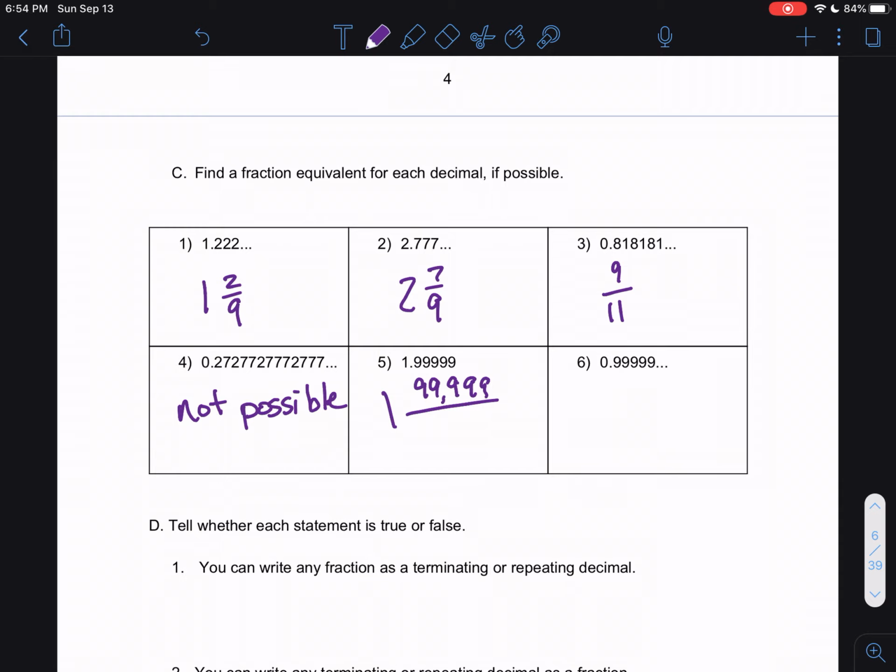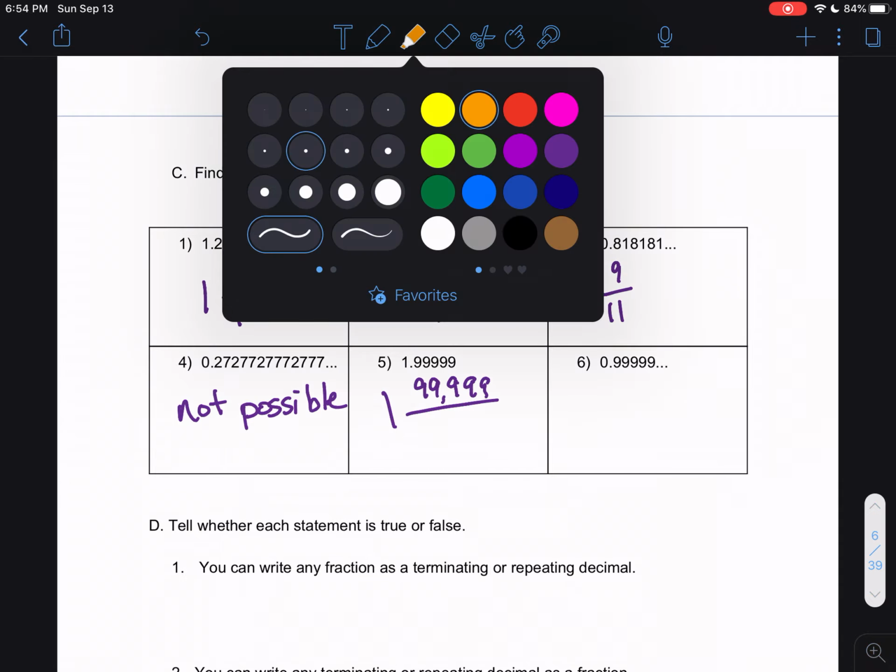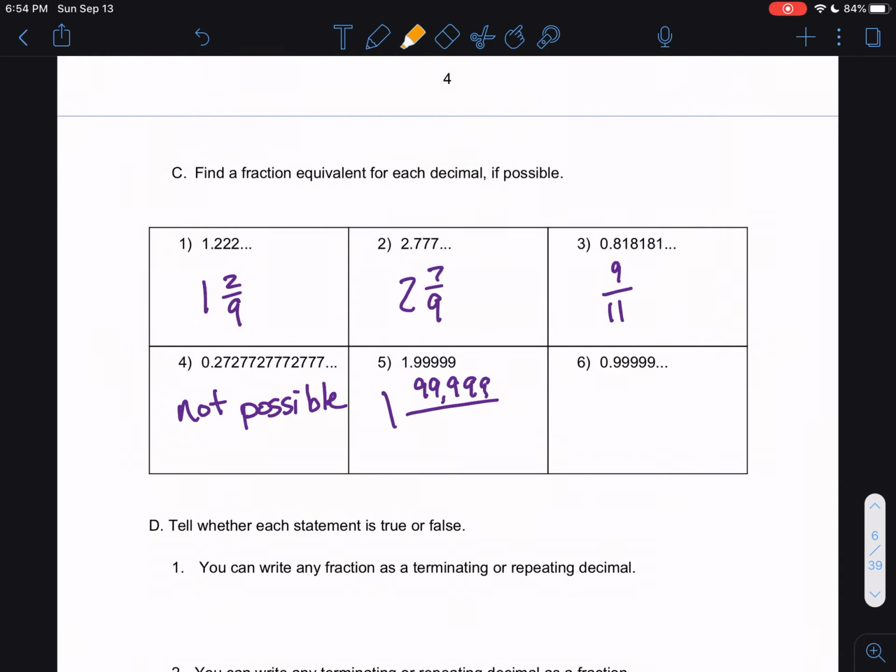So tenths, let me use a highlighter and be really, really tiny about it. So tenths, hundredths, thousandths, ten thousandths, hundred thousandths. So that means my decimal is in hundred thousandths, or 100,000.